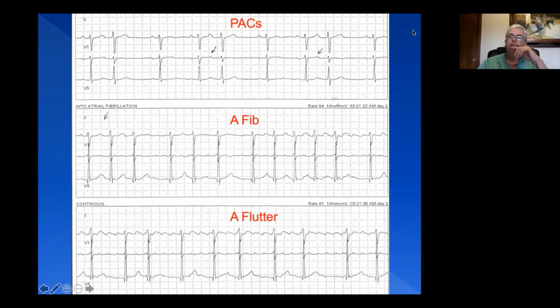Then you have sinus and premature beat. Sinus, premature beat happens here and gets us into atrial fibrillation. You can see the fibrillation waves here, and then what happens here? It changes to flutter. So you go from sinus, premature beat, triggers atrial fibrillation, which is multiple circuits, that organizes into one circuit, which is flutter.